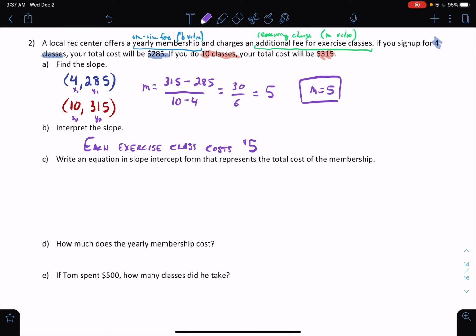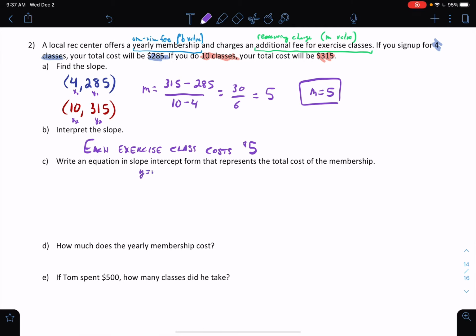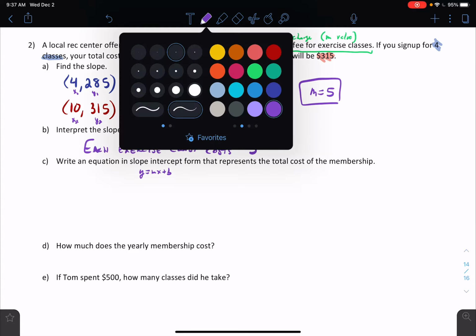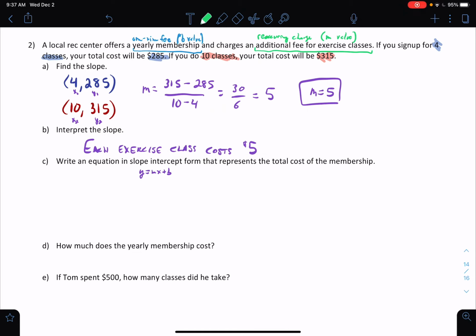Okay? So now that we've got the slope and we have 2 points, we can write an equation in slope-intercept form. Y equals mx plus b. Okay? So in y equals mx plus b, we need to take one of the points and we need to take the slope. We can plug in those values and solve for our b value.